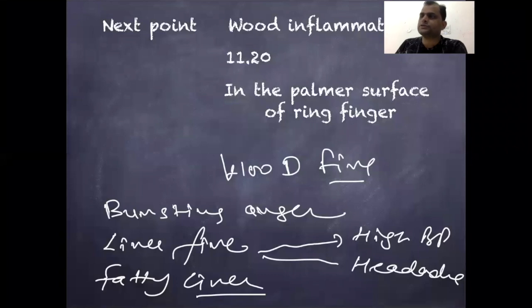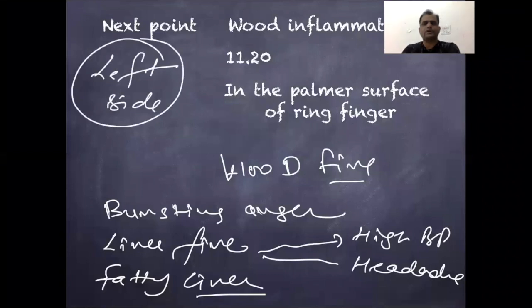So for my patient of liver cirrhosis, this was my second point. And I always inserted this point only on the left side, only one side. I never needled this point on the right side because master told the 11.20 points are more effective in the left hand.